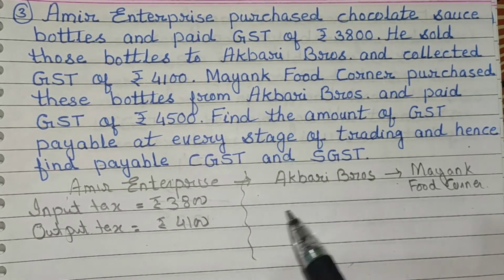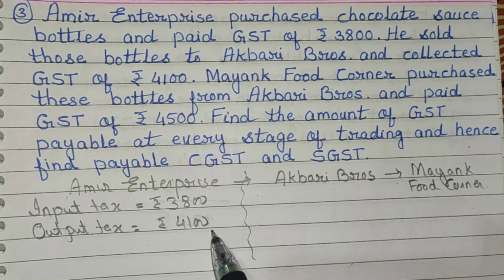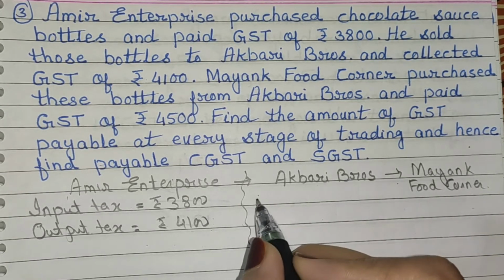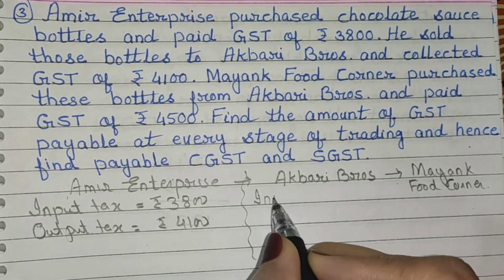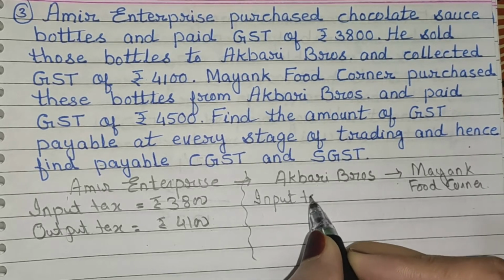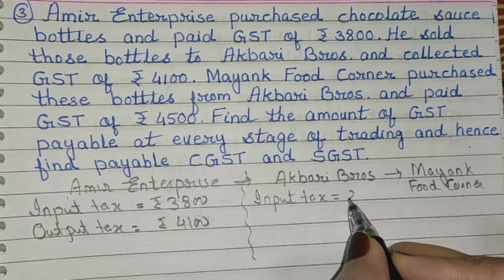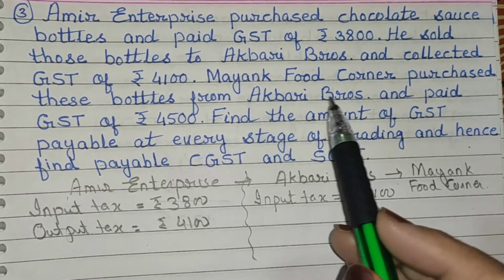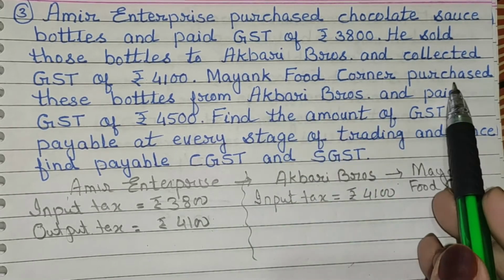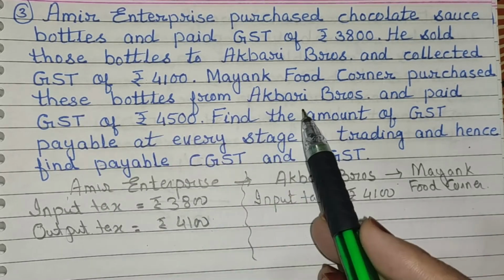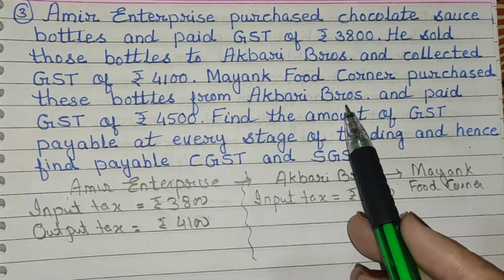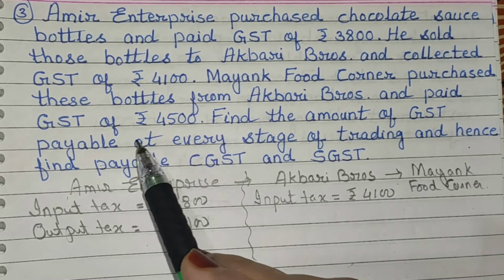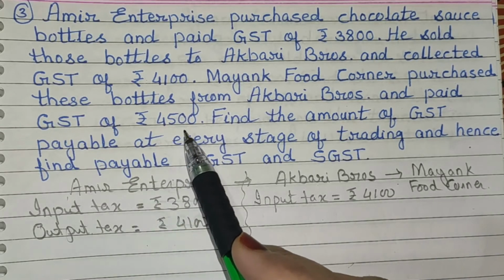Now, it is the input tax of Akbari Brothers. Write down here: input tax of Akbari Brothers is 4,100. Bang Food Corner purchased these bottles from Akbari Brothers and paid GST of rupees 4,500.